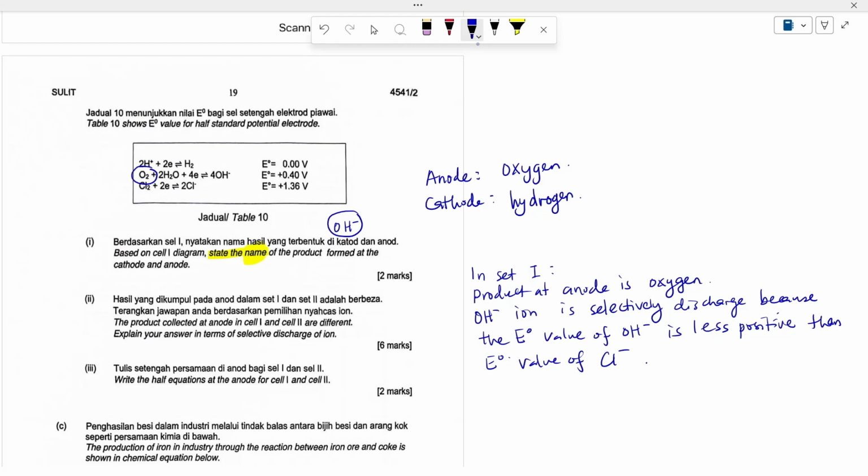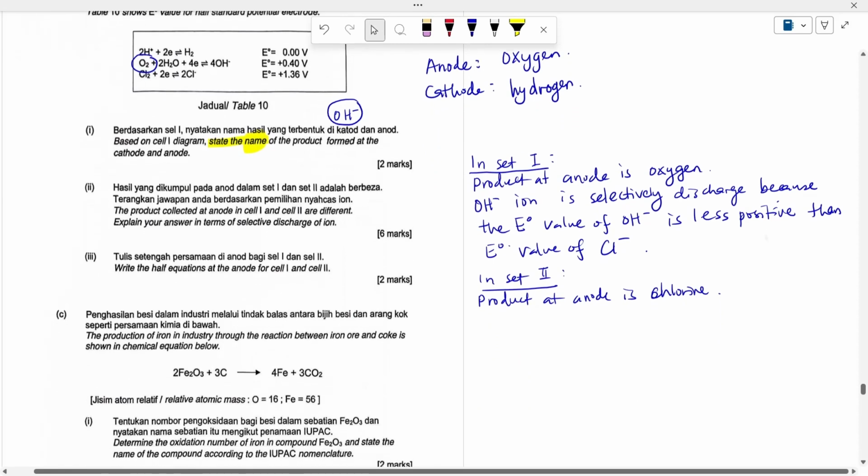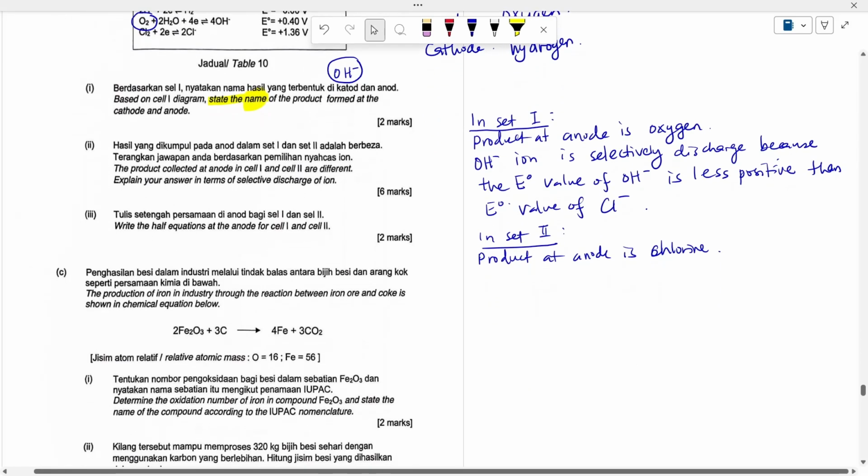This is in set 1. Now in set 2, the product at the anode is chlorine. Chlorine gas.